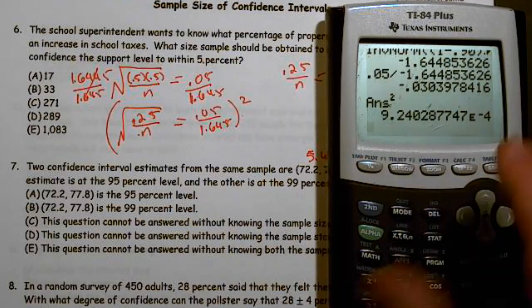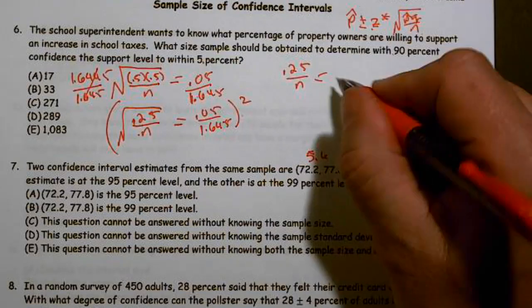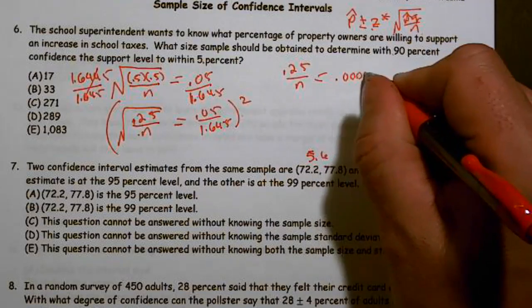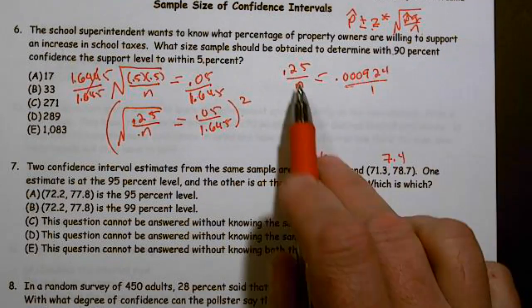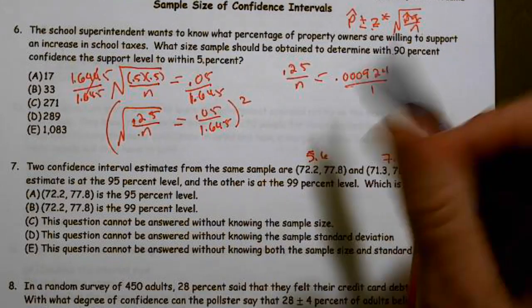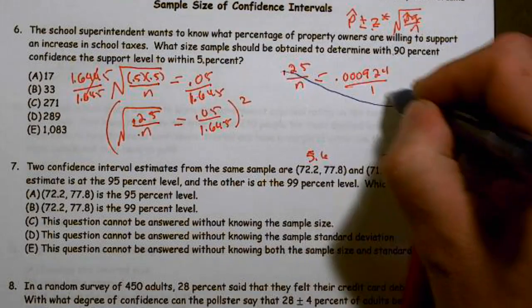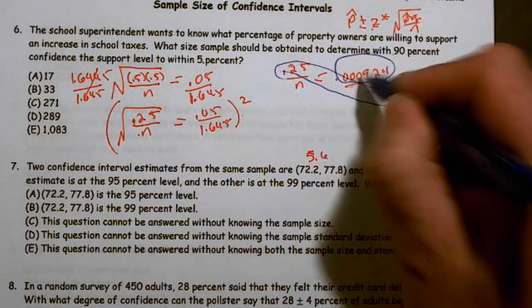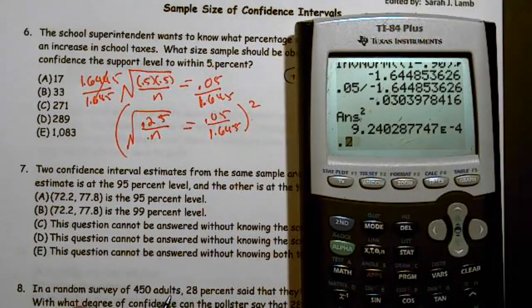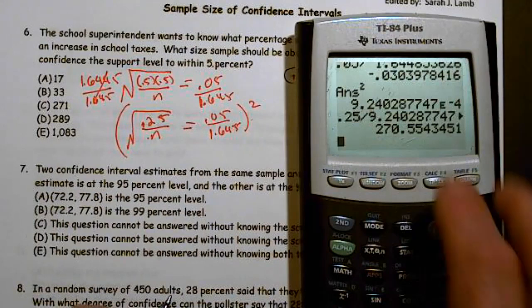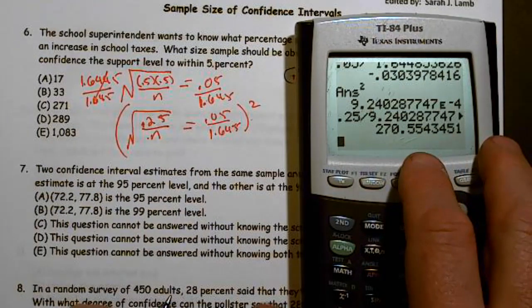And I get a very, very small number, 0.000924. I'll put that over 1. I'll multiply the 2 on the diagonal and divide by the third number. So 0.25 divided by this is 270.55.